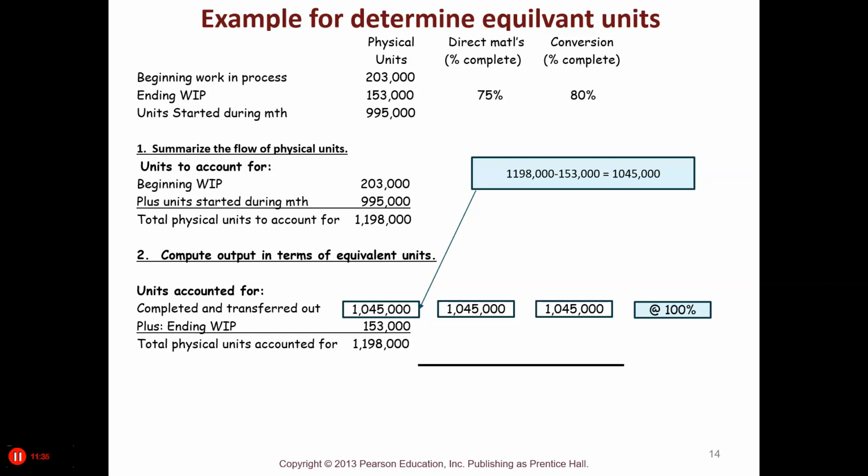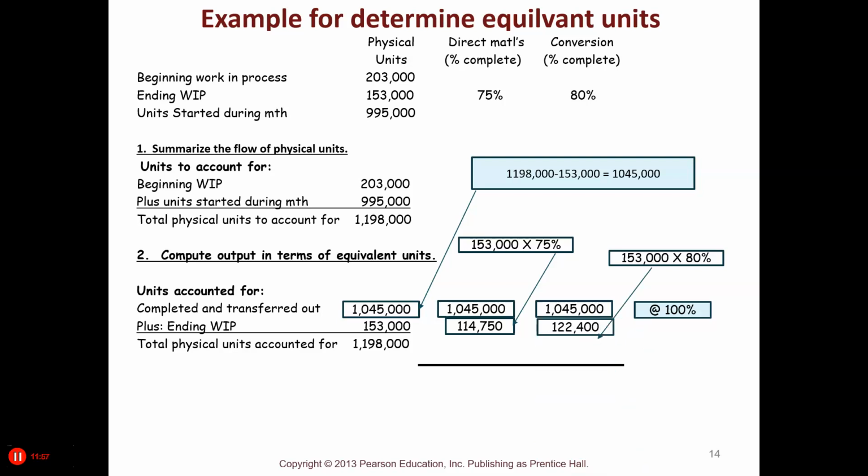Now, in this case, they're saying they're 75% complete, so we're going to take 75% of the ending units in inventory, and that tells us we have an equivalent of 114,750. We're going to do the same thing with conversion costs. We're going to take those times 80%, and that tells us we have an equivalent of 122,400.